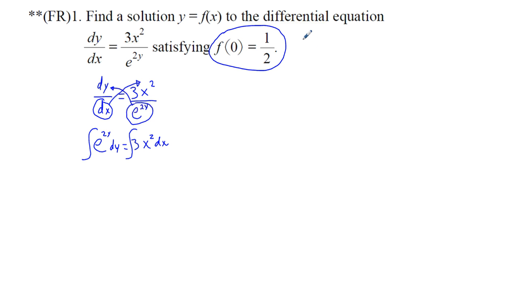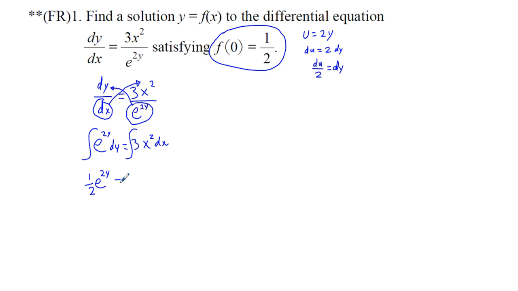To make sure we get this right, if we made a u substitution, let u equal 2y, then du is equal to 2 dy, and so dy would be equal to du over 2. So when we integrate the left side, we end up with 1/2 e to the 2y.